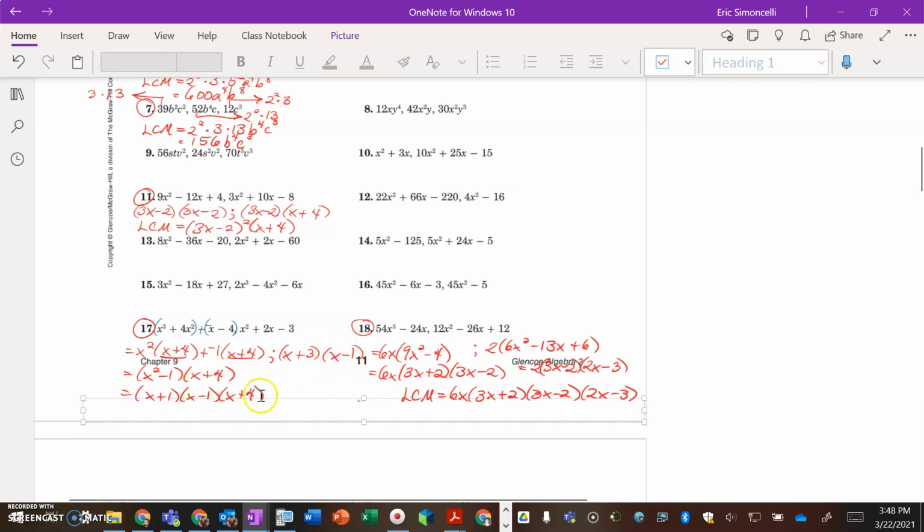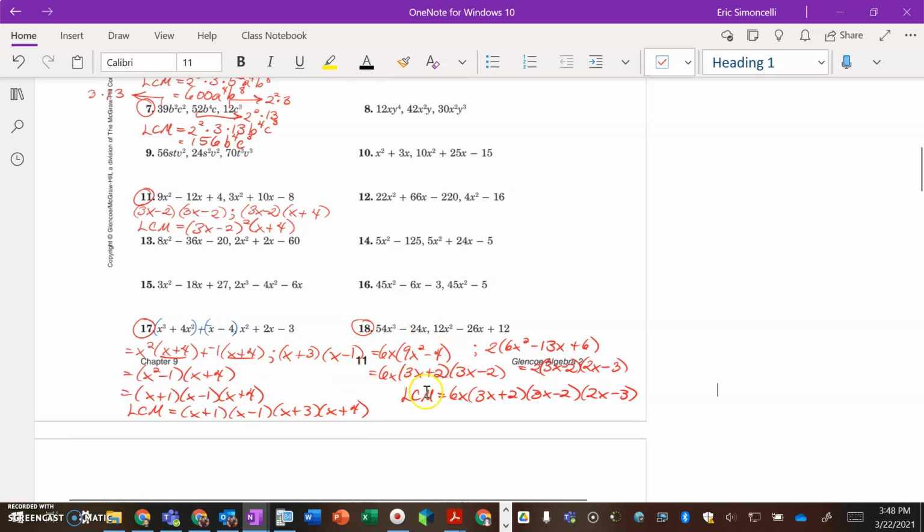You've got an x plus 4, and you've got an x plus 1. So in total, you have 4 binomials as part of your final LCM. So take a look: x plus 1, x minus 1, which occurs twice, but still you only count it once, x plus 3, and then x plus 4.